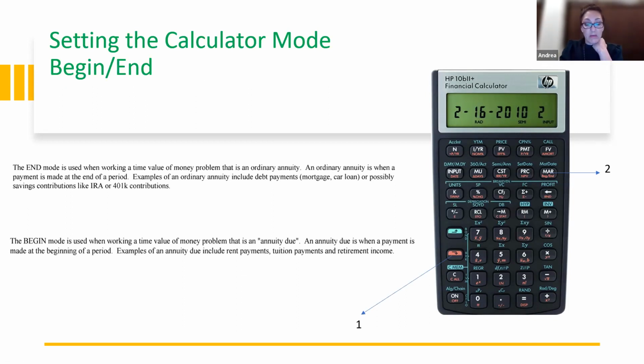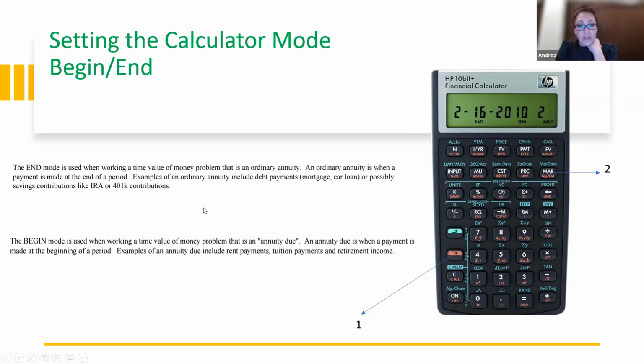First, the button: you use your shift button, and then in the last column, second button down, you see the orange BEG. That's where you change your calculator to begin or end mode.